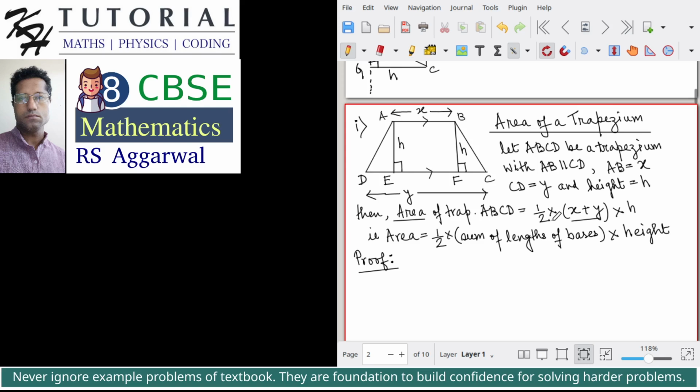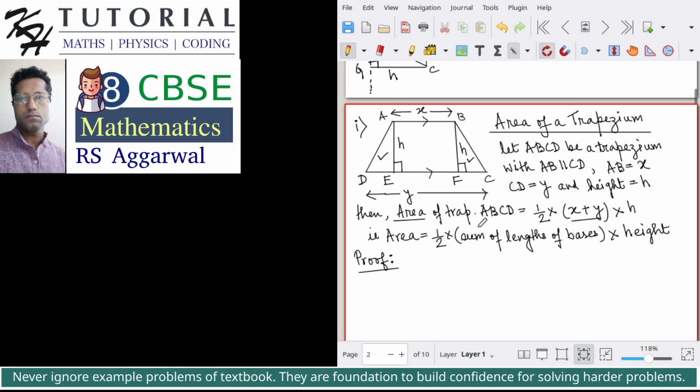Now the concept behind finding the area of a trapezium is that we will divide the trapezium into rectangles and triangles, and use the concept of the area of a triangle and a rectangle to find the area of a trapezium. So as you can see in this trapezium ABCD, there are two triangles, this triangle ADE and the triangle BFC.